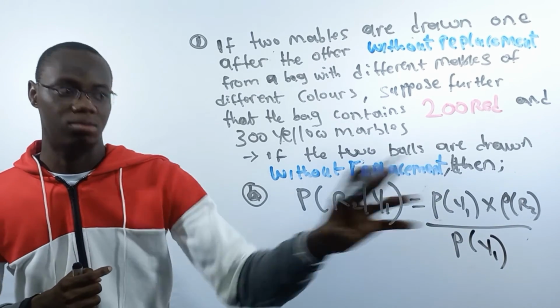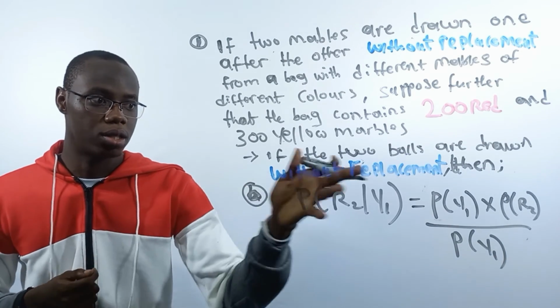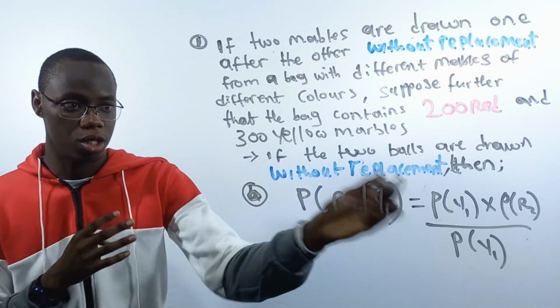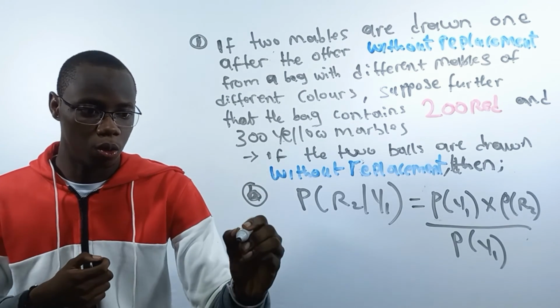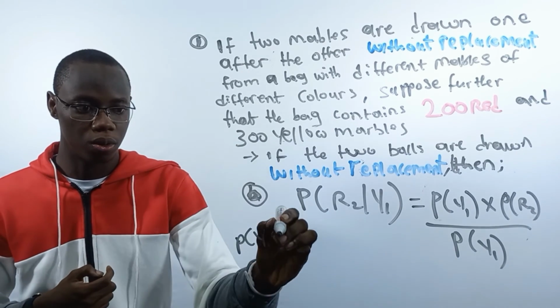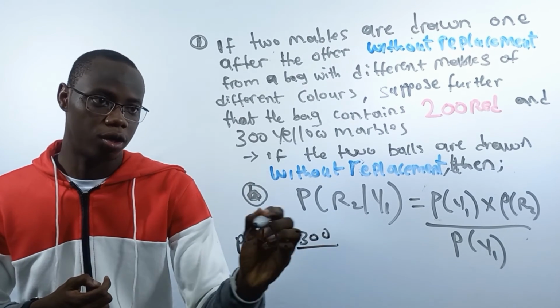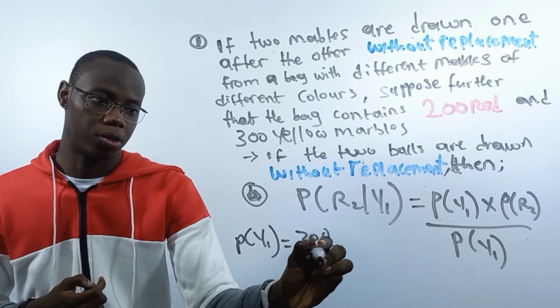So this is what the formula will give you. So the probability of getting the first as yellow. So what is the probability of getting the first one as yellow? Simple. Nothing has changed, just 300 over 500.